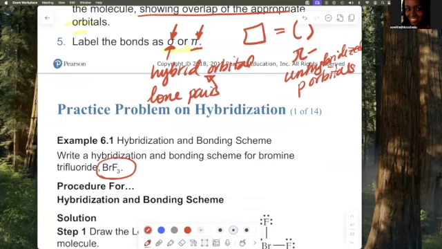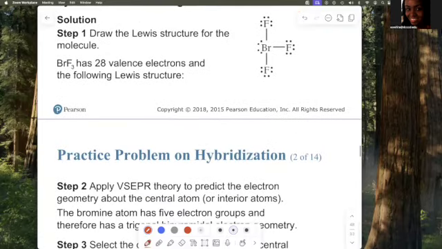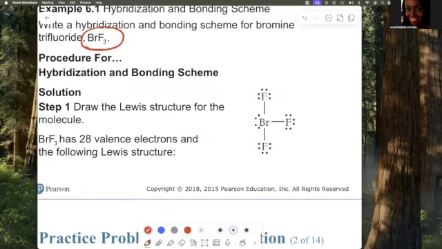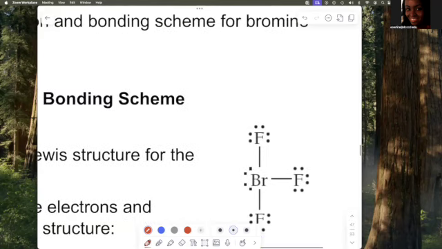Okay, for the next part here, we're working on BrF3. I'm going to use the Lewis structure we have here just because I'm going to be a little late to my next class, but I'm going to try to finish this video right here. So you draw the Lewis structure, right?